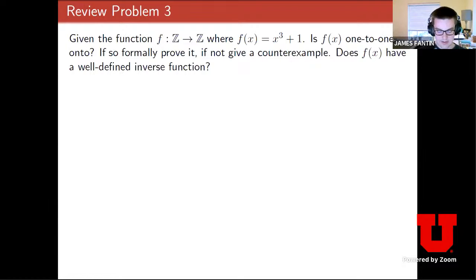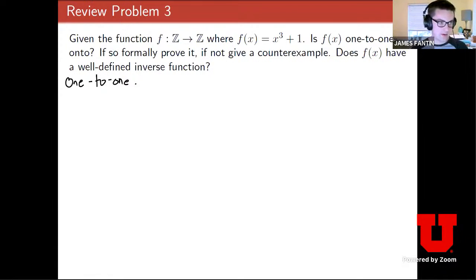All right, so do we think that this function is a one-to-one function? Let's tackle that part first. Yes, we have some thinking that it is in fact one-to-one, and that's the right intuition, because we have a cubic function here.